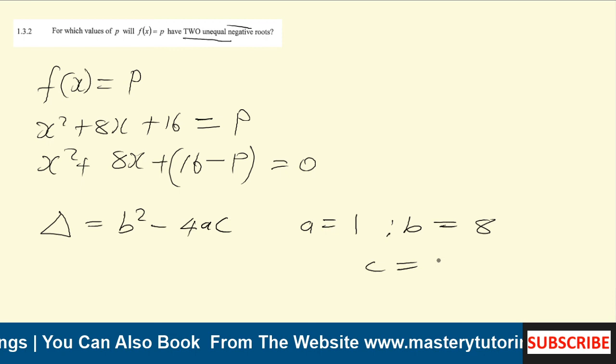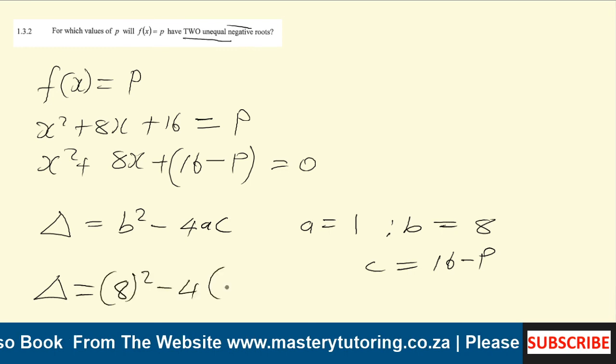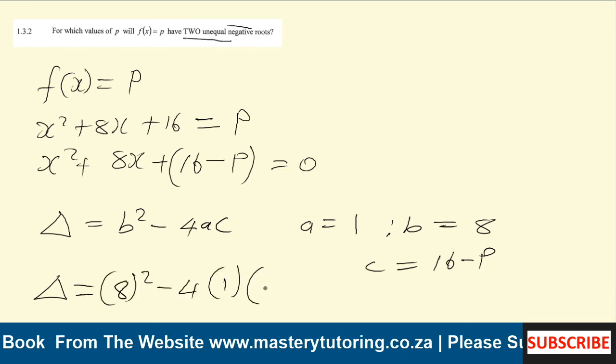So now we're going to substitute the numbers representing these letters into the formula for the discriminant. This is going to be 8 squared minus 4, where a is 1, and c is equal to 16 minus p.